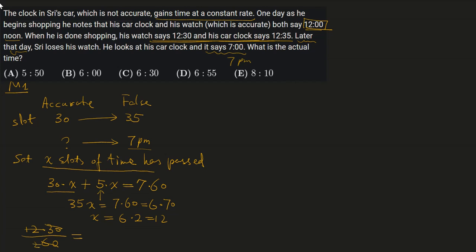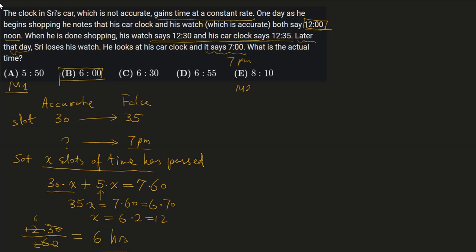So 2 cancels 12, we get 6. Therefore, this equals 6 hours. And don't forget, this is in the actual time. Therefore, the actual time now is 6 p.m. B is our choice. So this is method 1.